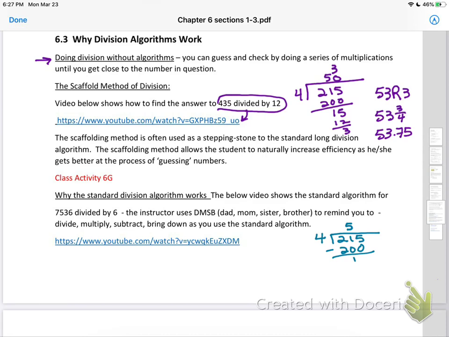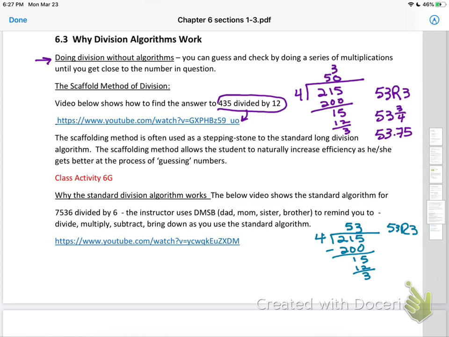I get the 1 and bring down the next term. 4 goes into 15, 3 times, put it right next to it. 3 times 4 is 12, subtract and get 3. Either method I get 53, remainder 3. So the difference between scaffolding is you stack your numbers up above that division line, and you do not do that in the standard algorithm.